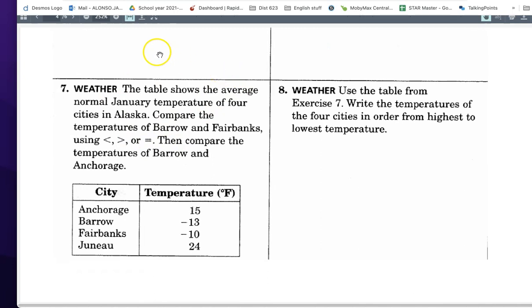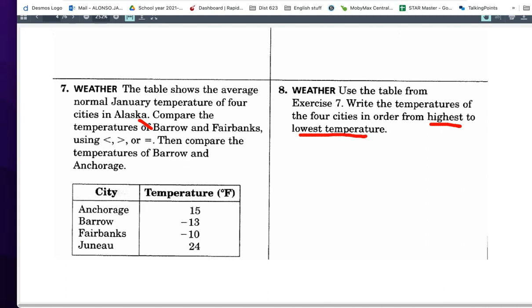However, here's what I want you to do. I want you to do this one. You are just going to use this table. Write the temperature of the 4 cities in order, from the highest to the lowest temperature.